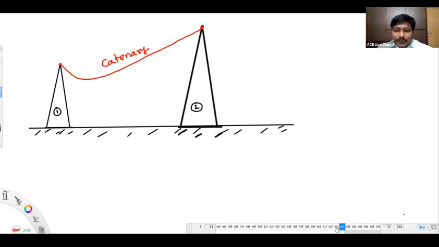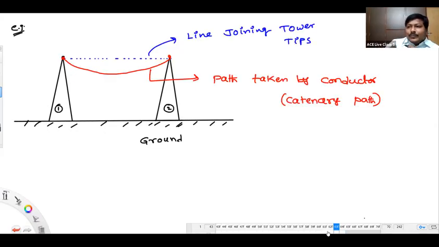Okay. Next thing. Let's continue with this. Listen. Generally, at what point is the conductor going to experience more tension? Generally at the tower tips. At the tower tips, the conductor is going to experience more tension. Maybe at this tower tip, it is experiencing a tension of T1.